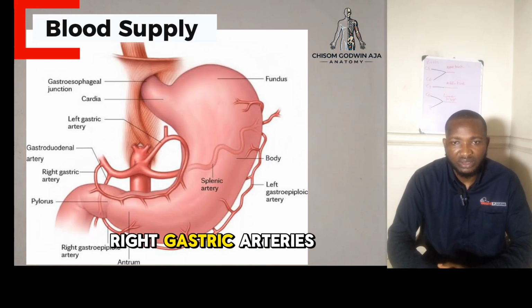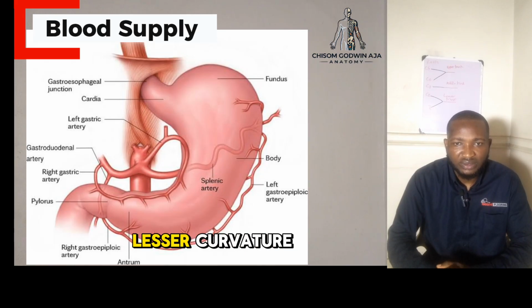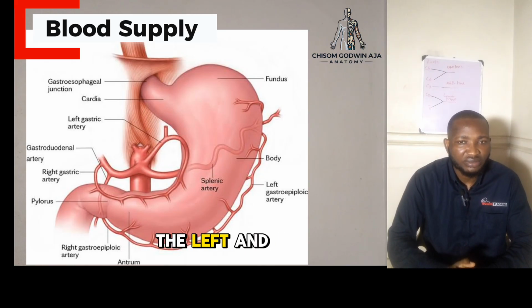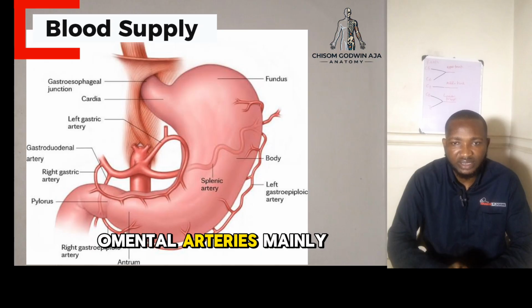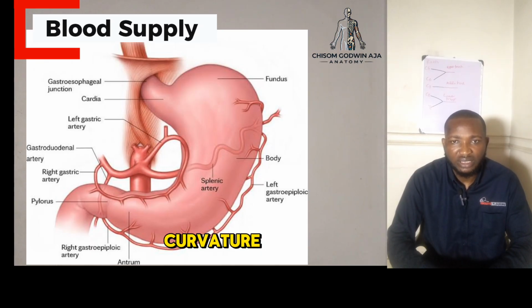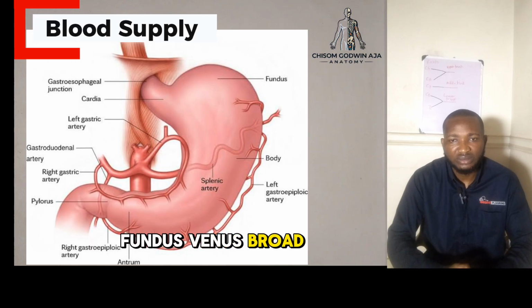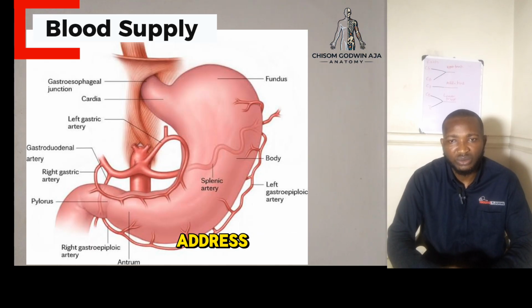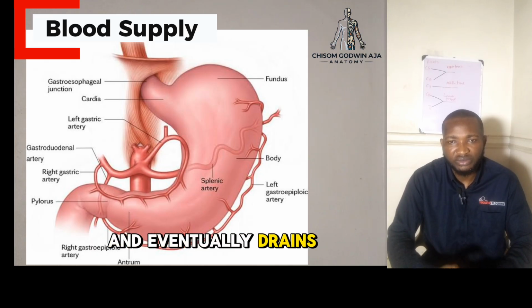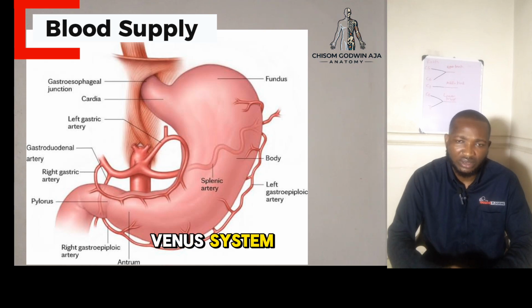The left and right gastric arteries mainly supply the lesser curvature. The left and right gastro-omental arteries mainly supply the greater curvature. The short gastric arteries supply the fundus. Venous blood generally follows the arteries and eventually drains into the portal venous system.